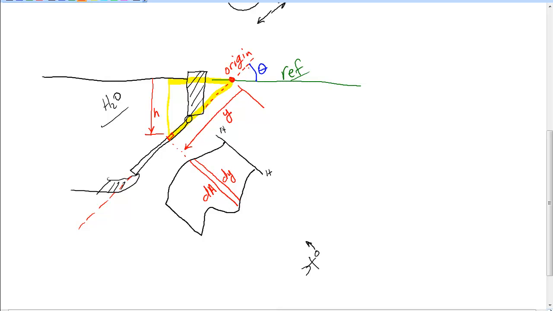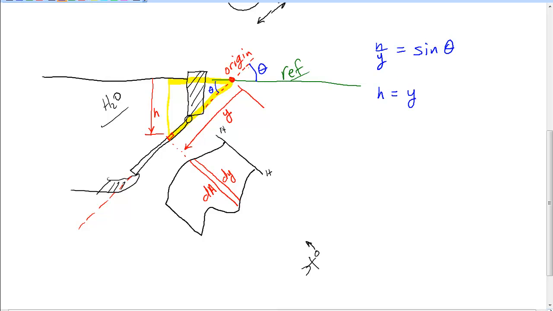If this is theta here, this is also theta here, and now you have a triangle, which this is the larger side of that, and h over y is nothing more than sine of theta.